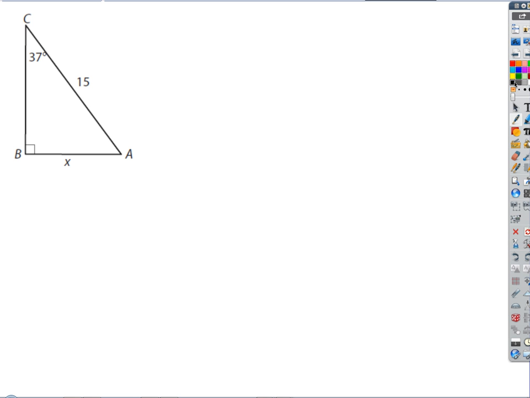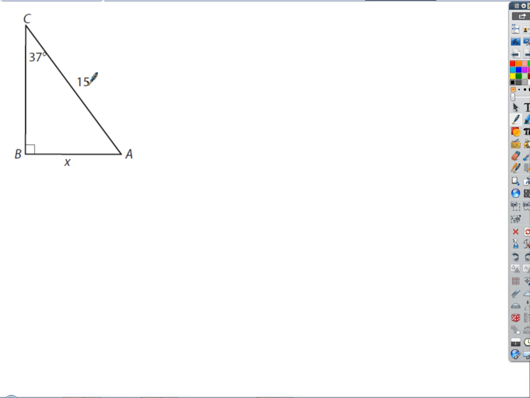All right, Luke, what do you think? For the 37-degree angle, for angle C, which trig function is going to be helpful? Tangent would be opposite over adjacent, but we don't know the adjacent. So what other one? We're trying to find x, so that's the opposite, and we're given 15.